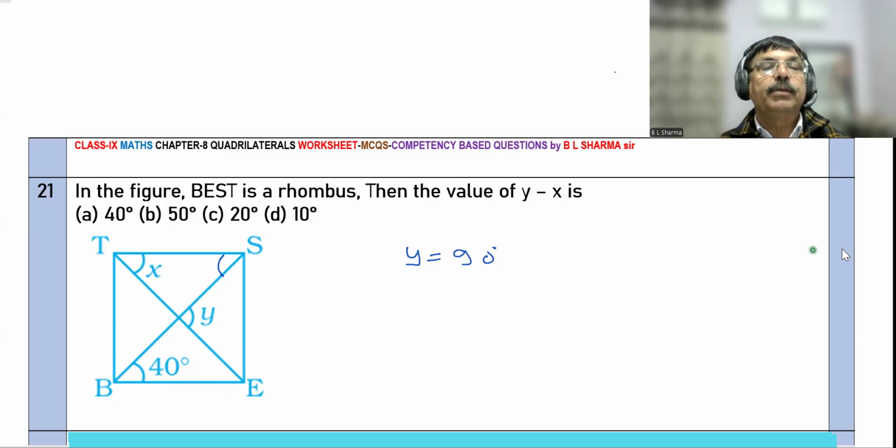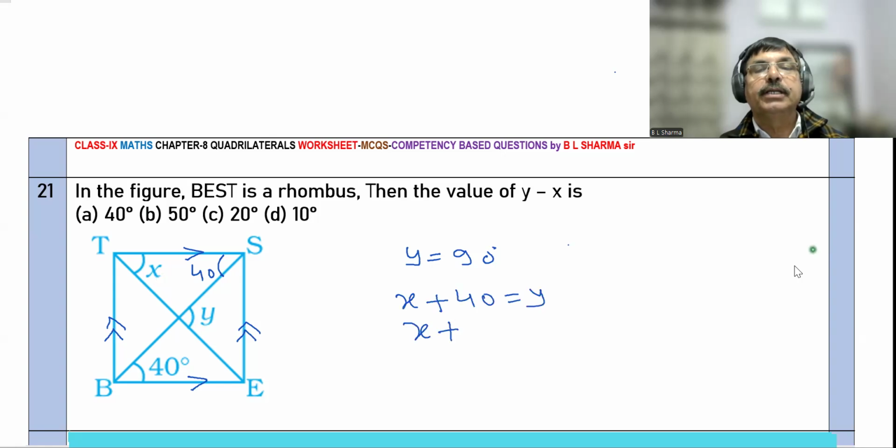So angle S will be 40 degrees, alternate angles. Now we know x plus 40 is y, because of the exterior angle property of a triangle. So x plus 40 is equal to y, which is 90. So x is equal to 90 minus 40, that is 50.